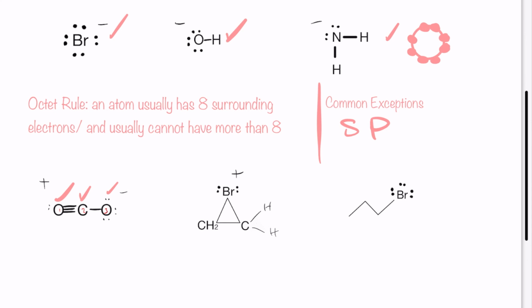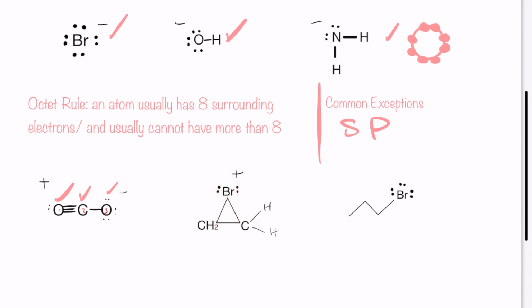We see here that this bromine element has 2 bonds. And remember, we said that we count each bond twice. So there's 2 electrons in this bond and 2 electrons in this bond. And we also have 2 lone pairs that give rise to 4 surrounding electrons here. Therefore, we have a total of 8 surrounding electrons.